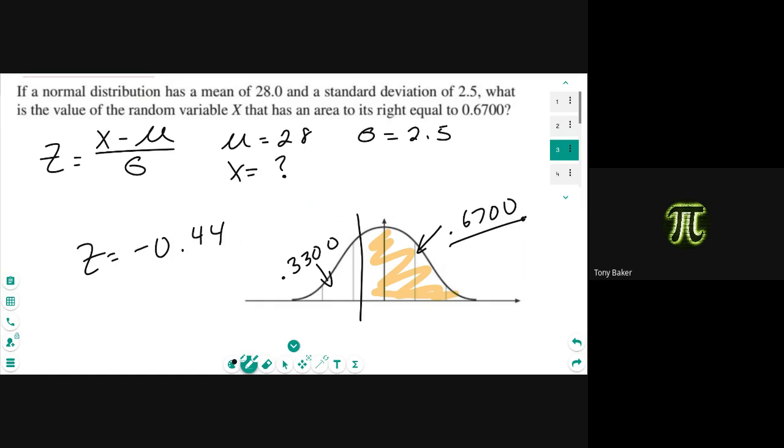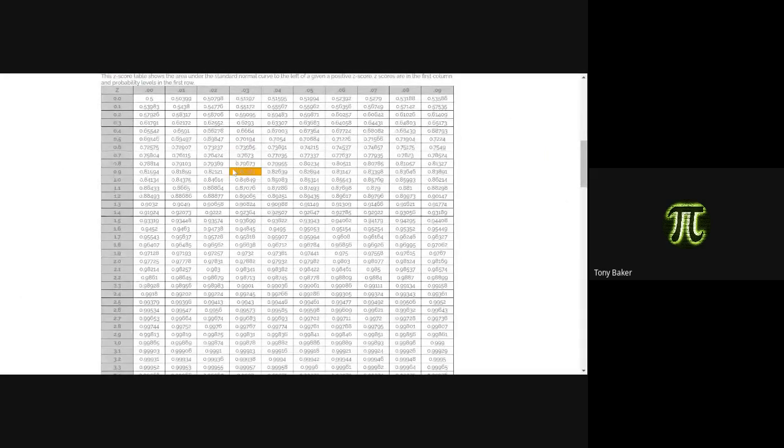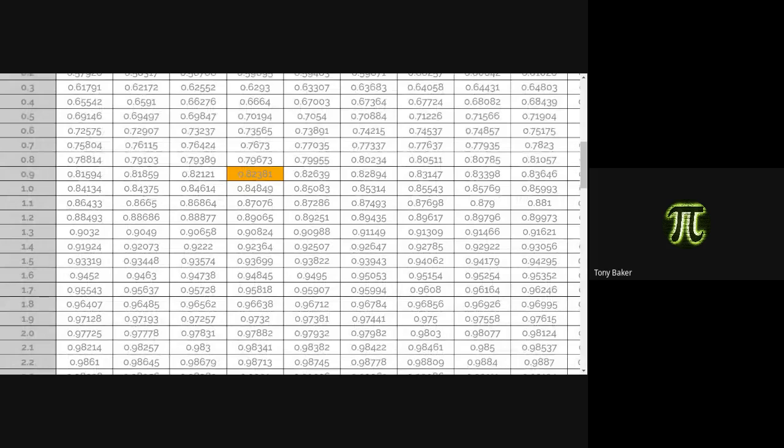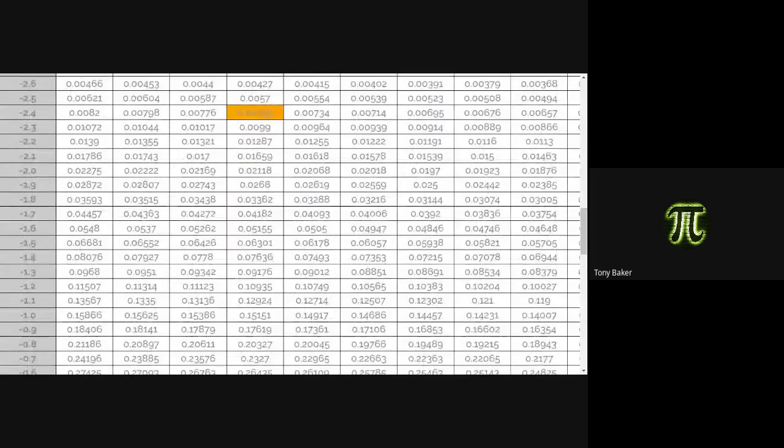So look in here, find 0.3300. Oh, I found it. So on this one, it's right there.